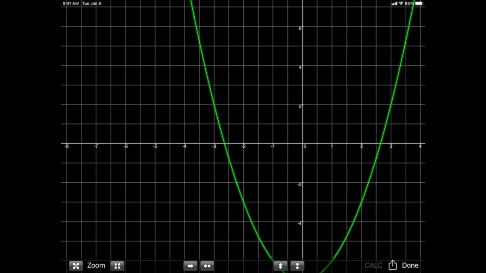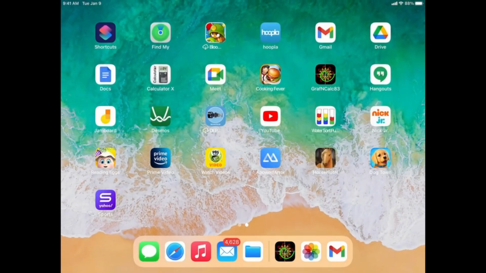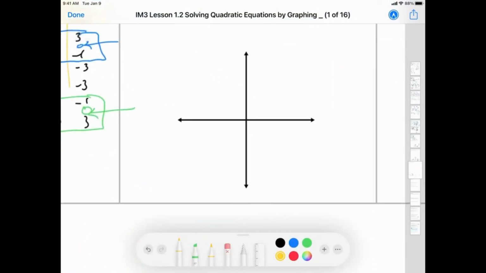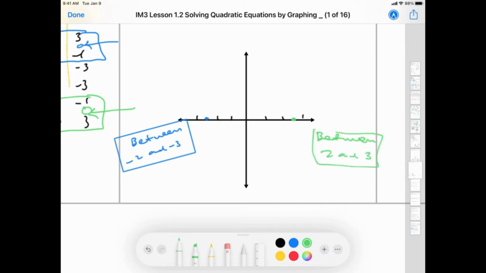I see between 2 and 3, and -3 and -2. 1, 2, 3. 1, 2, 3. And between -2 and -3, and between 2 and 3, box your answers, 2 and 3. That's what our x value is.